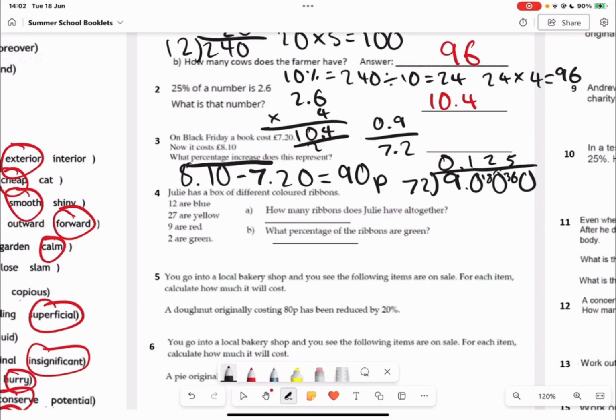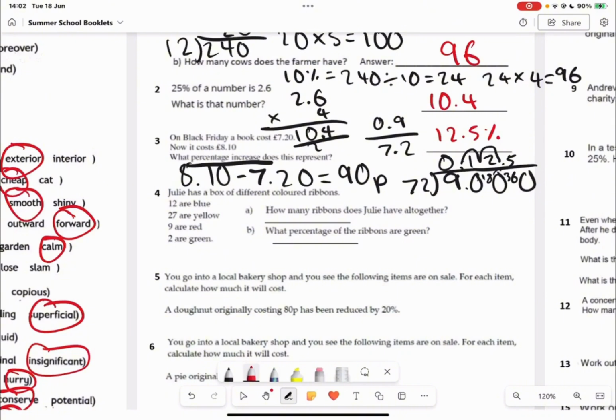And this gives a decimal of 0.125. But we need to multiply this by 100, so we move our decimal place once to the right, twice to the right, and it will give us 12.5%. So the answer to question 3 will be 12.5%.